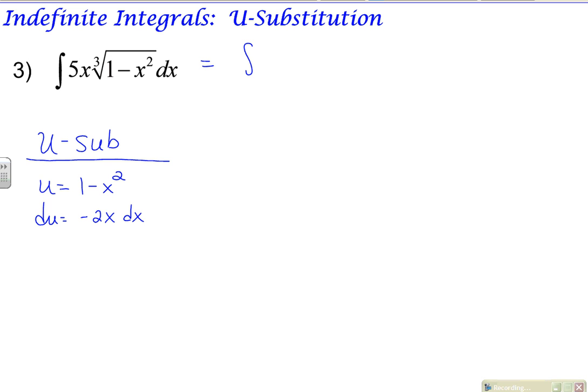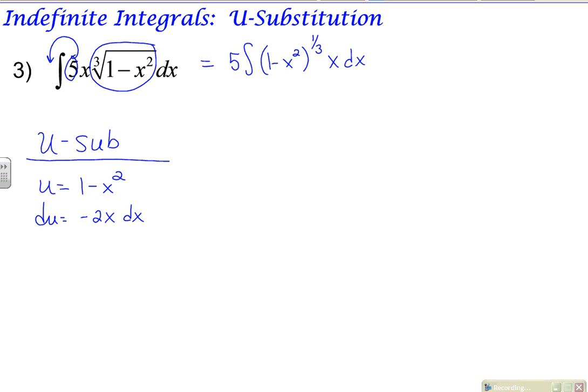The 5 is a multiplier. I could pull that out front. This cube root can be written as 1 minus x squared to the 1/3 power. And then I've got x dx remaining, because remember I took my 5 and moved it forward in front of the integral sign.